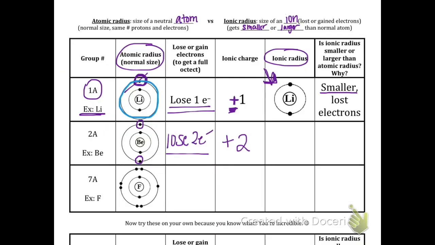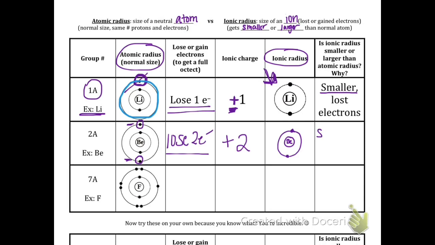Okay, so now let's draw it on our next page. If we're going to lose the outer 2, so we're going to lose this one and this one, then what does beryllium look like? So I'm going to draw Be. It's going to have one ring with one electron here, one electron here, because we lost 2, so I'm just down to 2. So look at the size difference. Did we get larger or did we get smaller?